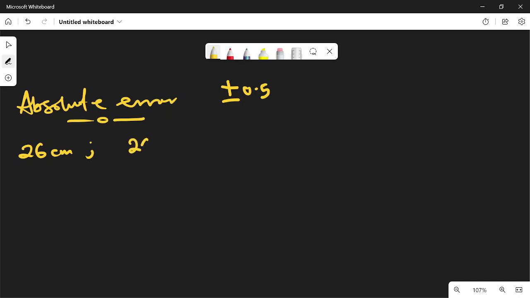So if I have 26 plus 0.5, that will give me 26.5 centimeter. Am I right? And if I subtract 0.5 from this, I will have 25.5.